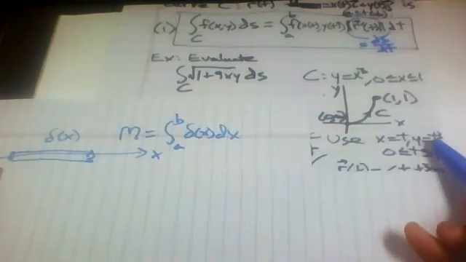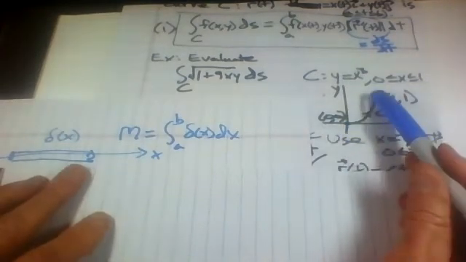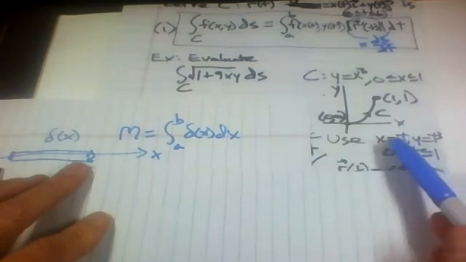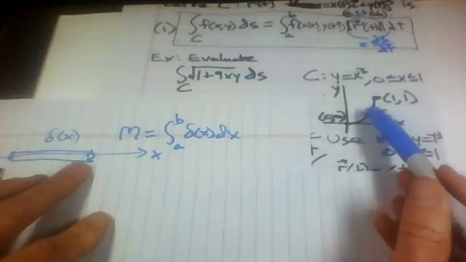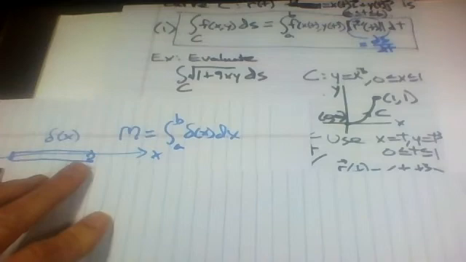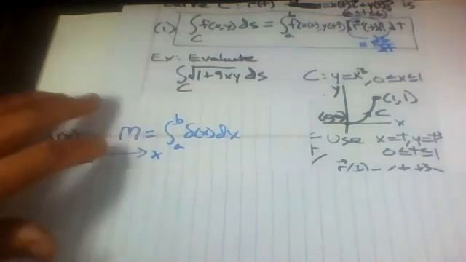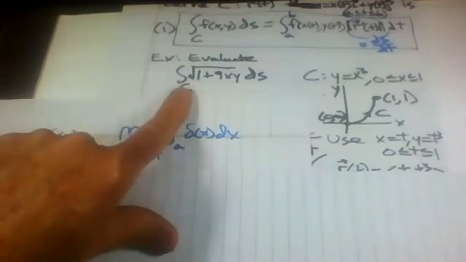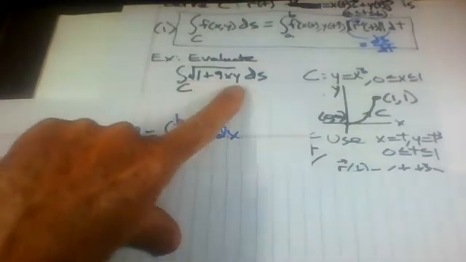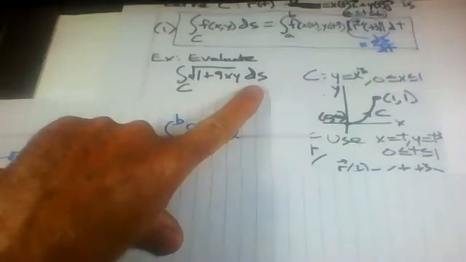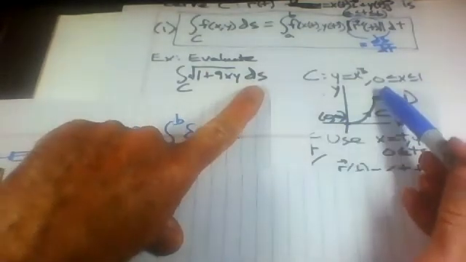x equals t, y equals t cubed parameterizes the cubic, and then t runs from 0 to 1 since x did, and that sweeps out this little arc, this little curve. Now, what is the line integral along that curve of square root of 1 plus 9xy ds, the scalar line integral along this curve?